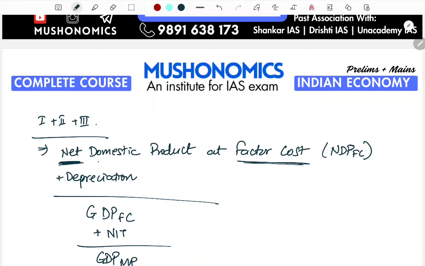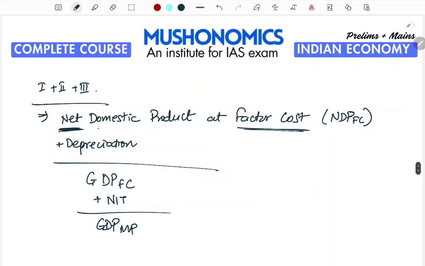Now if you want to get GDP at market price, to convert net into gross, we have what? To convert net into gross, we have depreciation. So if we include depreciation, we get GDP at factor cost. Now to convert it into market price, we will be adding net indirect tax to it.